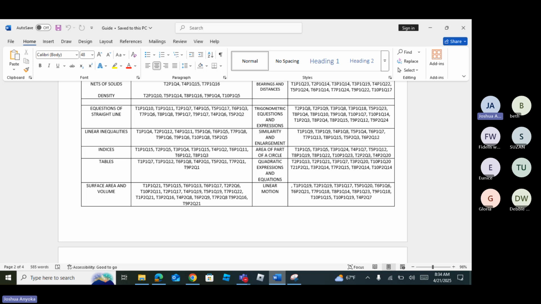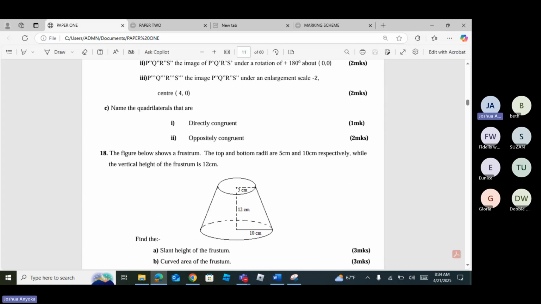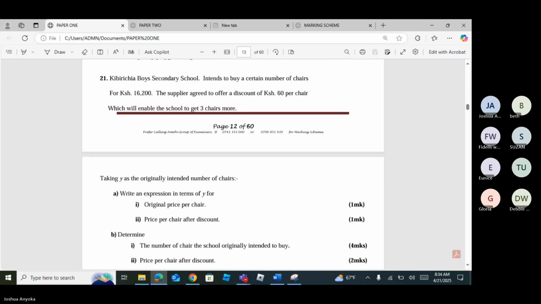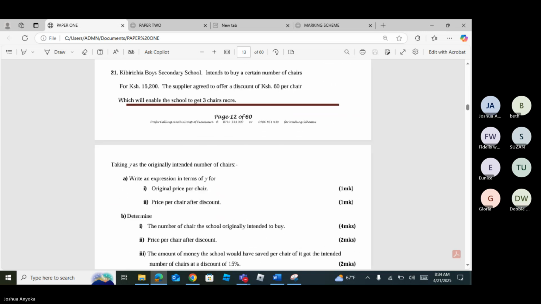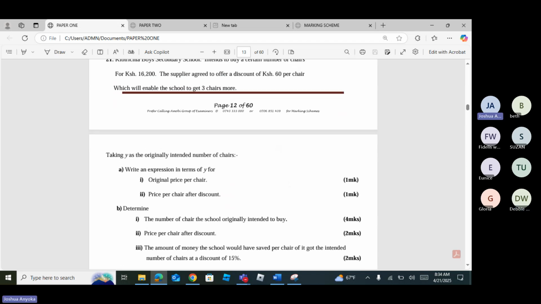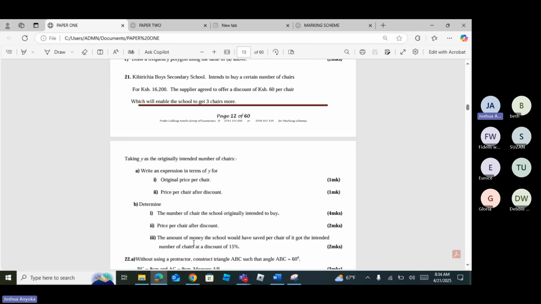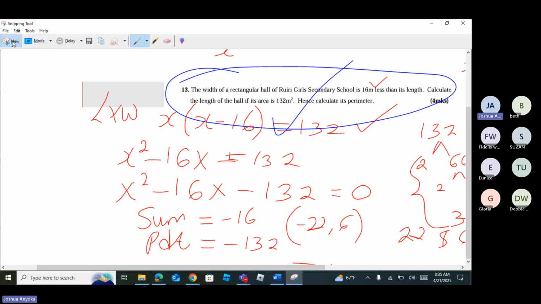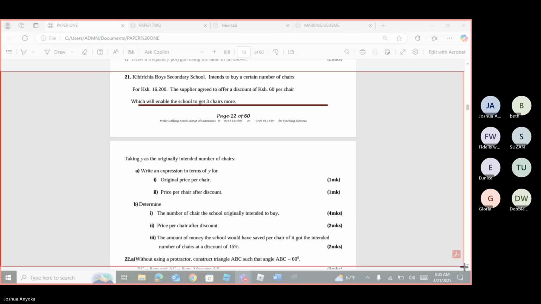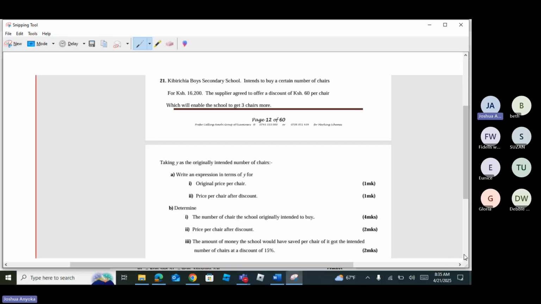Question 21. Well, we have this is question 21.